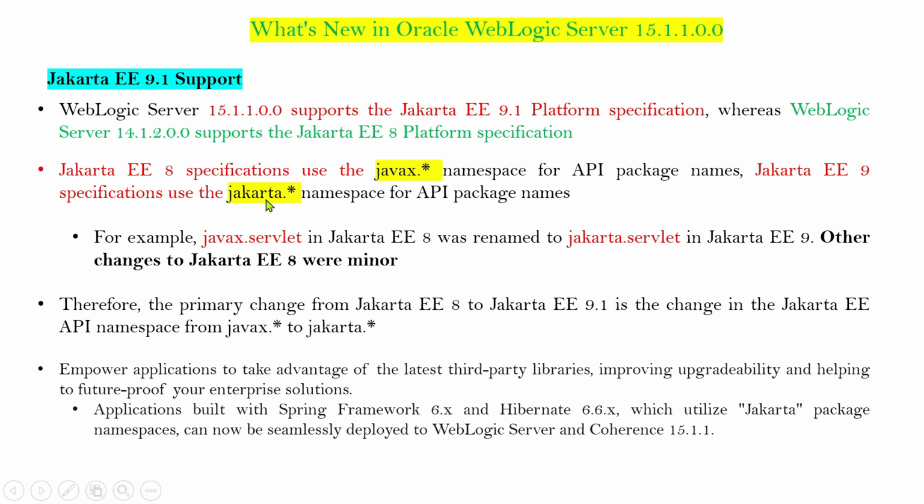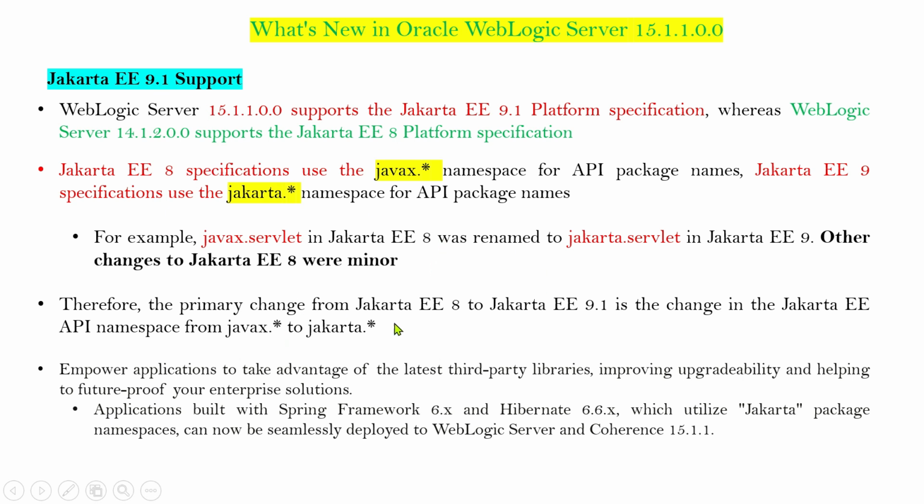Along with that, your enterprise applications use multiple third-party libraries as well. Now you can use the latest third-party libraries in your code, which are completely based on Jakarta 9.1 standards. Until 14.1.2, which was Jakarta Enterprise Edition 8, the third-party libraries you were using supported Java Enterprise Edition 8, but now they support 9.1.